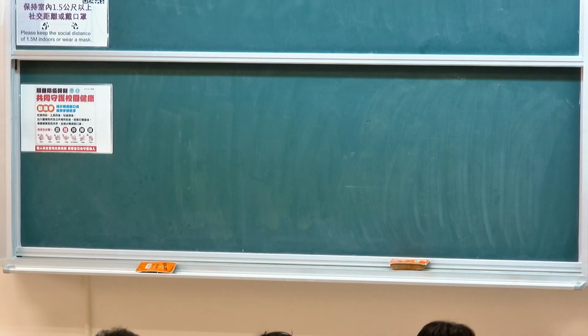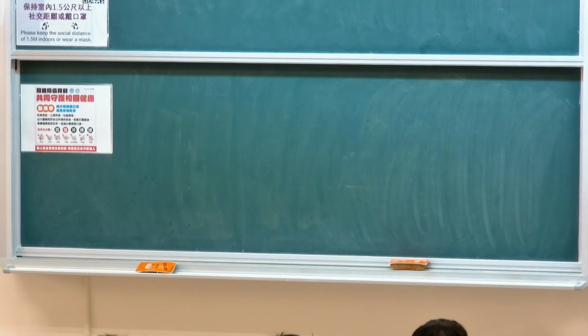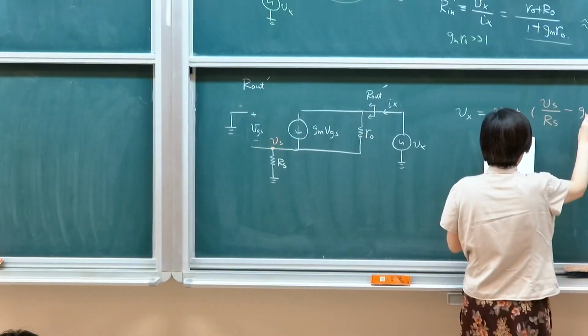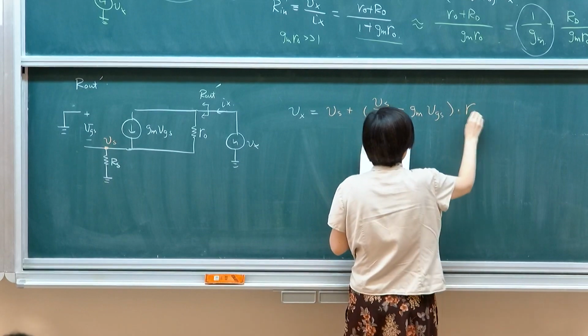In this case, we could write down that your Vx equals the voltage, let's define the voltage here as the source voltage. So Vx equals the source voltage plus the current across Rs, minus gm VGS times RO.